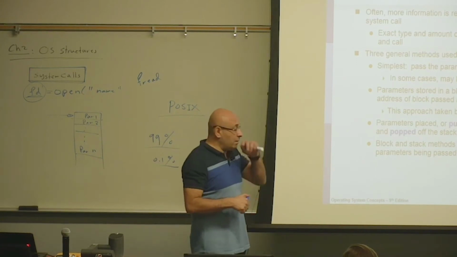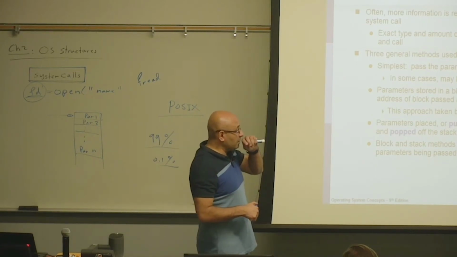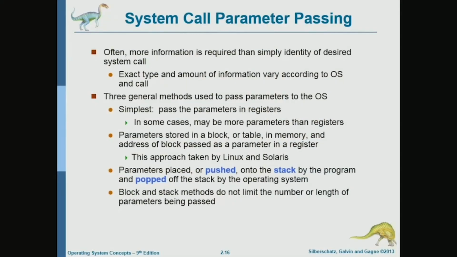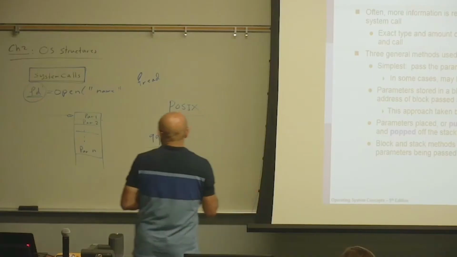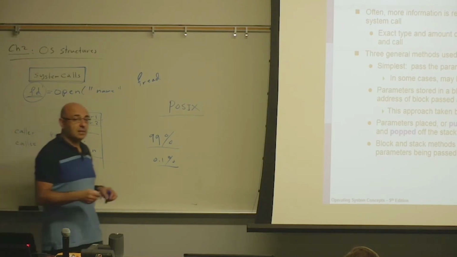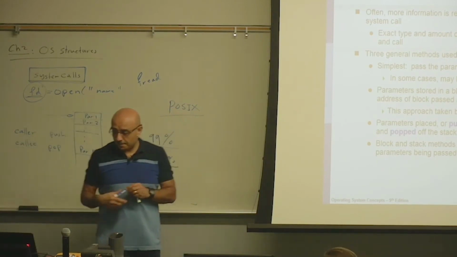Another method, an alternative method, is pushing parameters on the stack and having the system pop them. So one standard method for passing parameters is the caller does a push, and the callee does a pop. And in this context, the callee is the operating system.